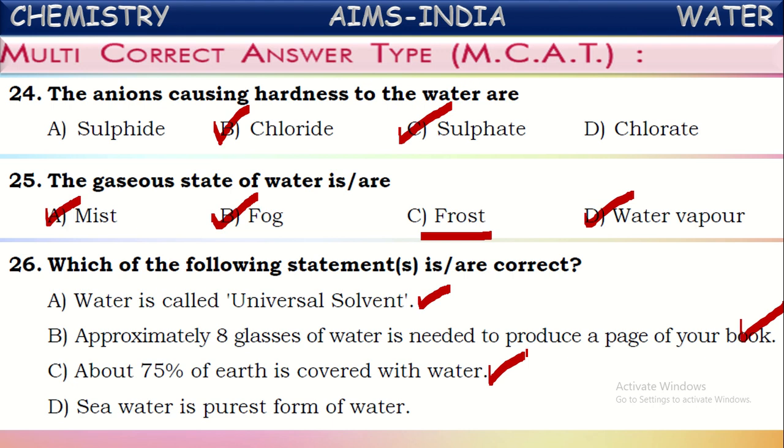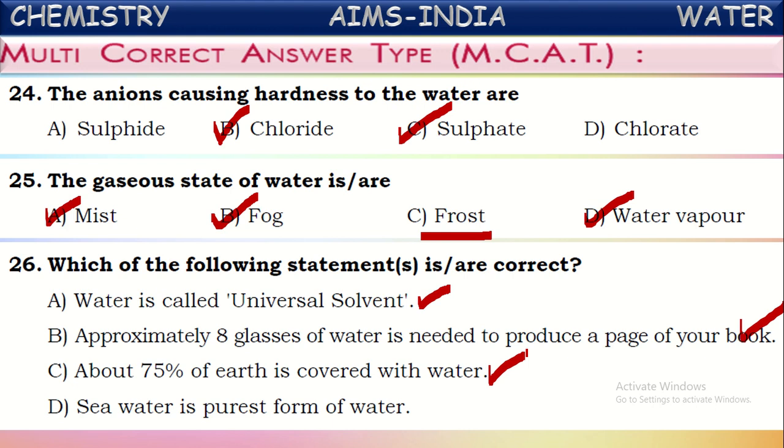And the last statement, if you say seawater is the purest form of water, is it correct? No, because seawater is the most impure form of water because it contains large quantities of salts and other impurities dissolved in it, isn't it? That's why seawater is not the pure form.